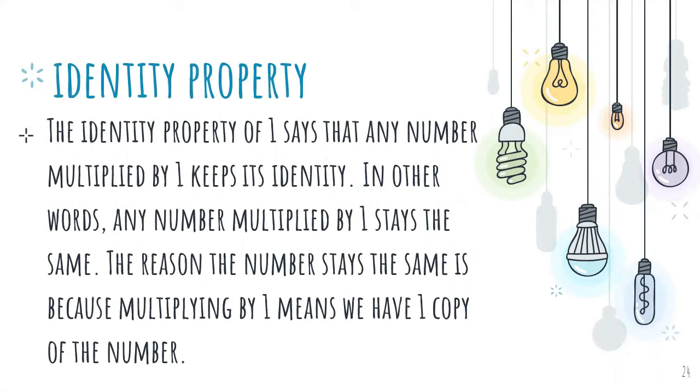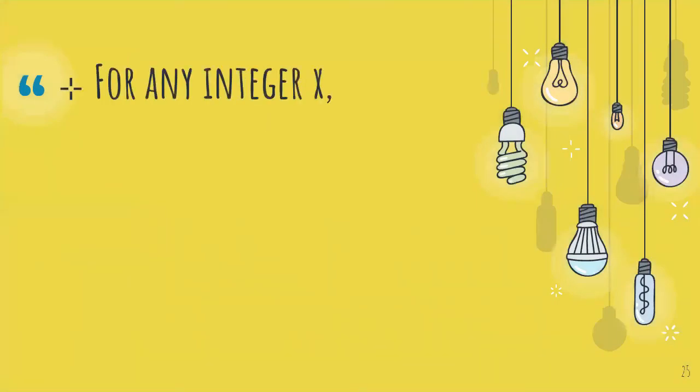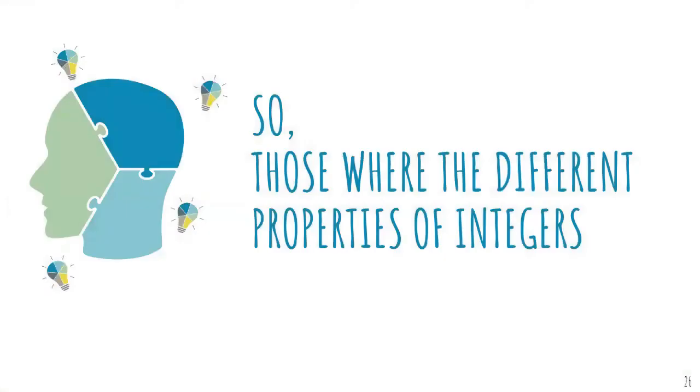The reason the number stays the same is because multiplying by 1 means that we have just copied that. For any integer x, x into 1 would be equal to x, which should also be equal to 1 into x, so that's the same thing. So those were the different properties of integers.